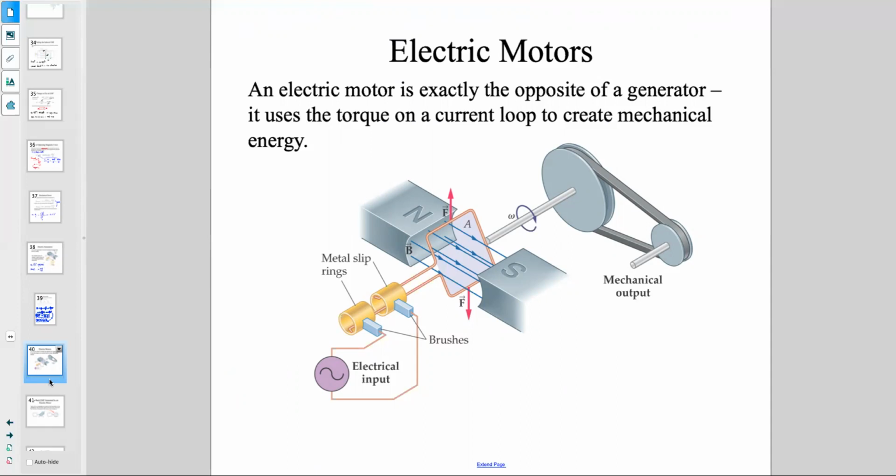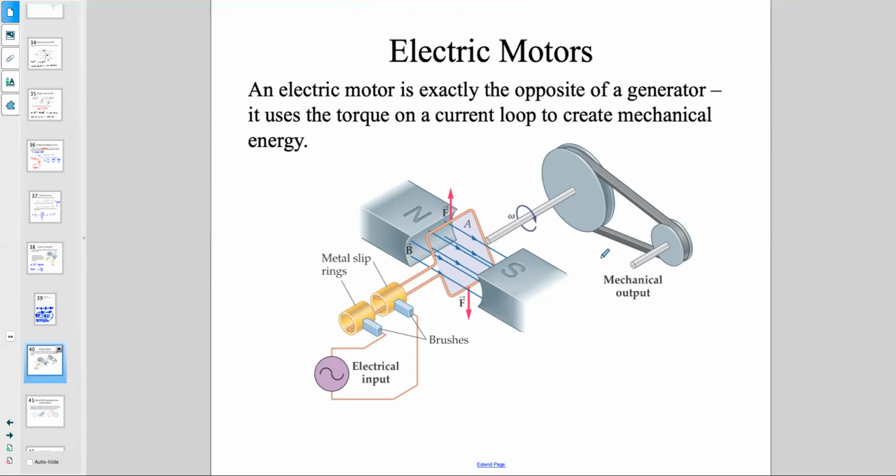So it uses the torque on the current loop to create mechanical energy. So in other words, you have an electric input. This electric input will go through this loop and cause a force here and a force here. And this means that this loop will start rotating clockwise, which means that I have a mechanical output.